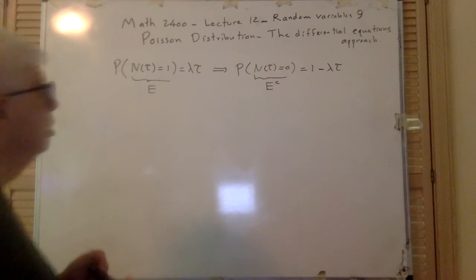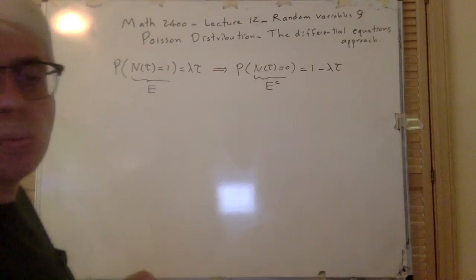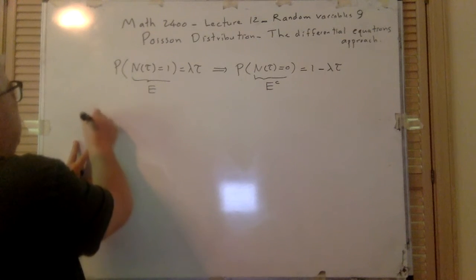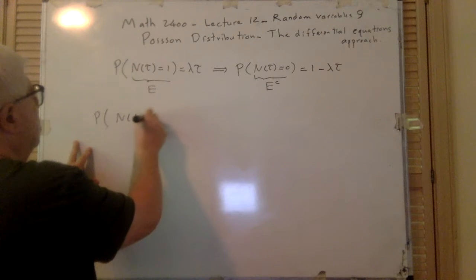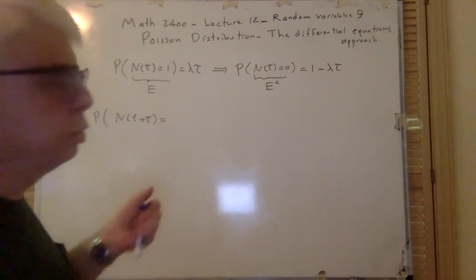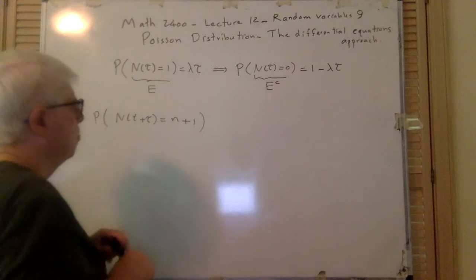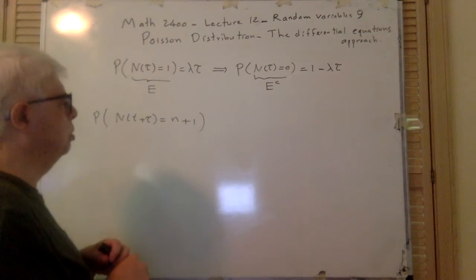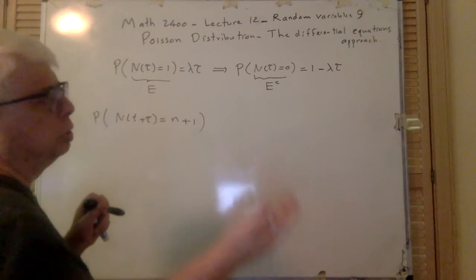Now we do this. What is P(N(t + tau) = n + 1)? What is t + tau? t + tau is you start at 0 and go to t + tau, right?